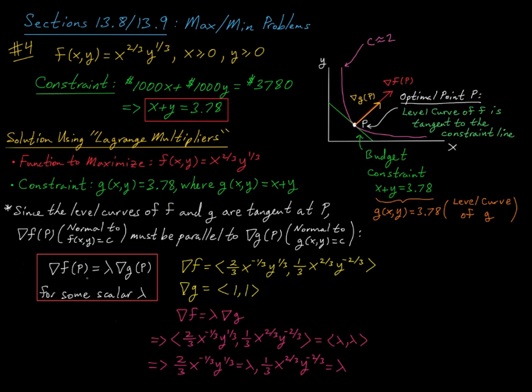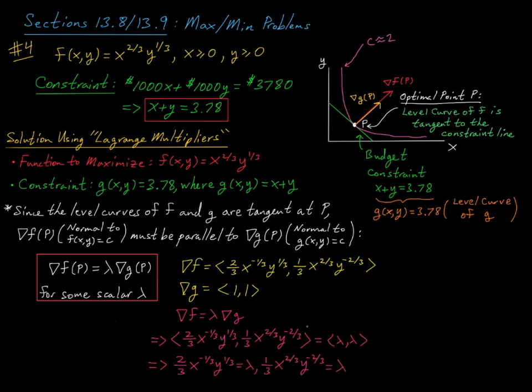So then I set the gradient of f equal to lambda times the gradient of g, where again lambda is just some scalar. On the left side I replace the gradient of f with this expression I have up here, and on the right, lambda times the gradient of g. Since the gradient of g is just (1, 1), if I multiply that vector by lambda, I get the vector (lambda, lambda).